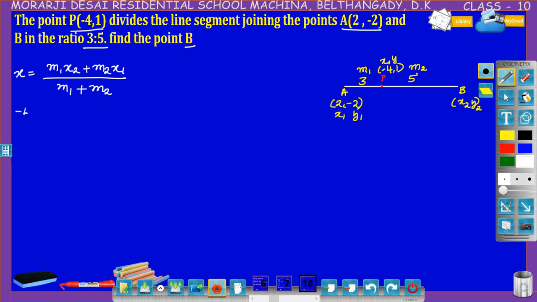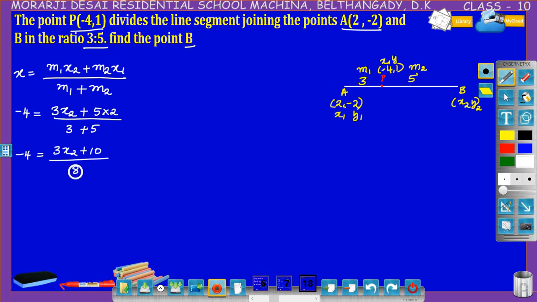So minus 4 is equal to m1, m1 is 3, into x2. x2 is not there, so 3x2 plus m2 is 5, x1 is 2, so 5 into 2, divided by m1 plus m2, that is 3 plus 5. So minus 4 is equal to (3x2 plus 10) divided by 8.